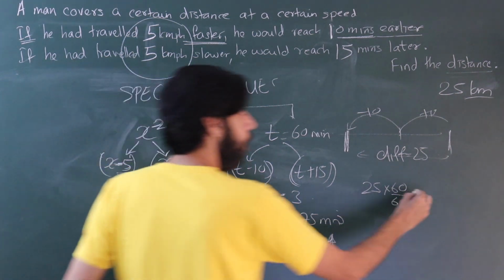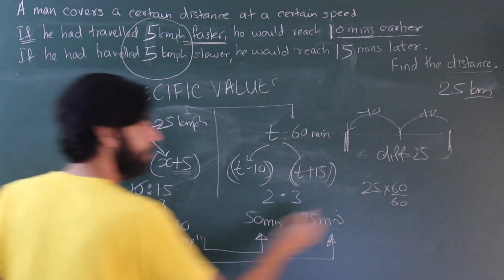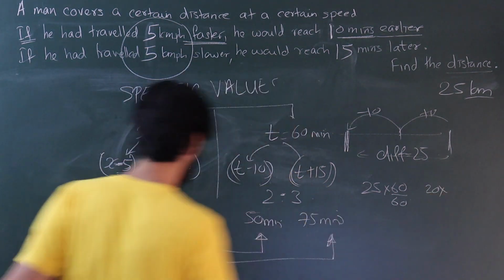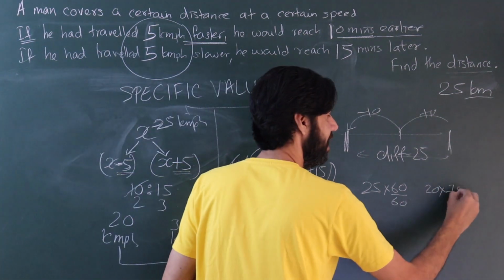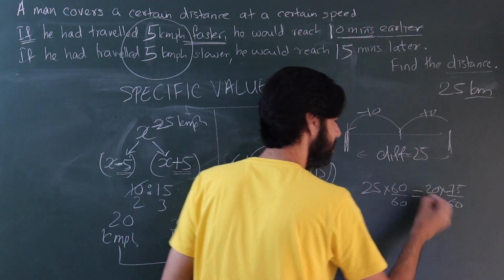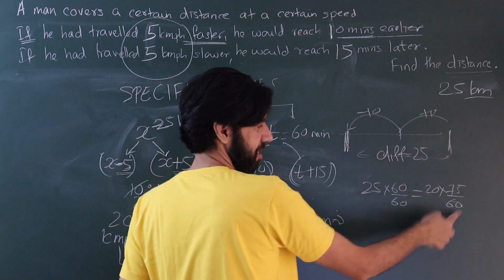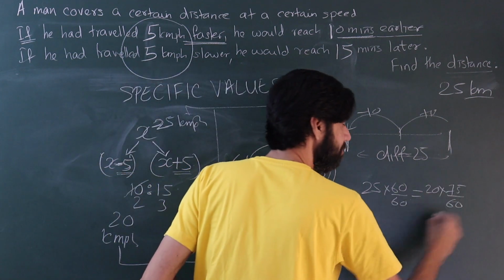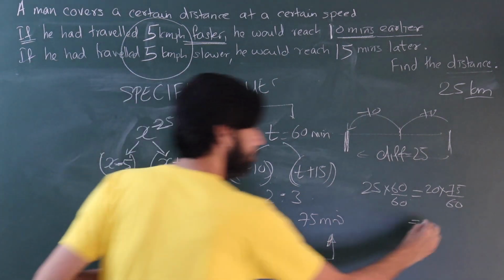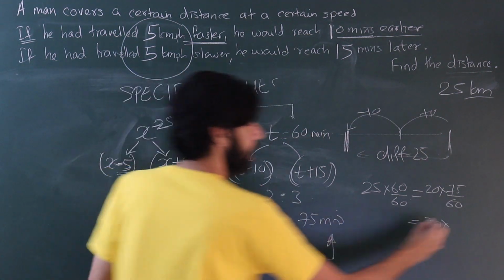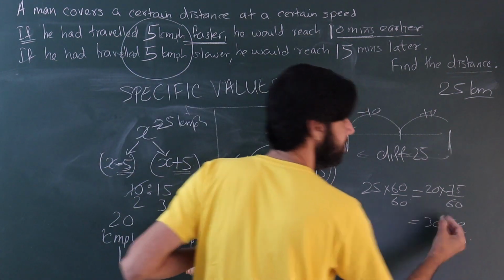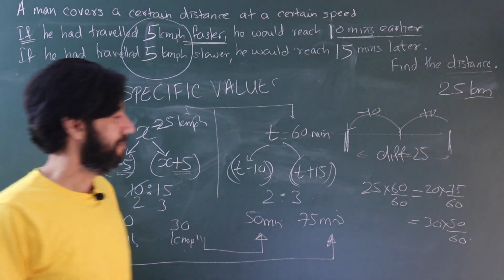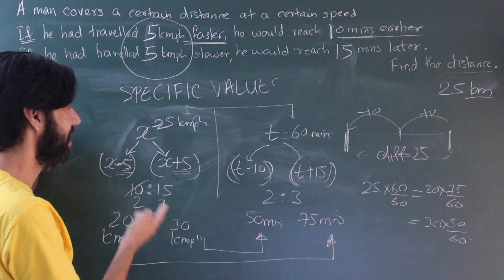Or you could use this lower one also: 20 into more time, 75. I'm just doing this for your comfort, to check, are they the same? 3, 25, right? And the same thing will also be higher speed 30 into lower time, 50 by 60. Check, is this also 25? Perfect. Simple enough, straight, right?